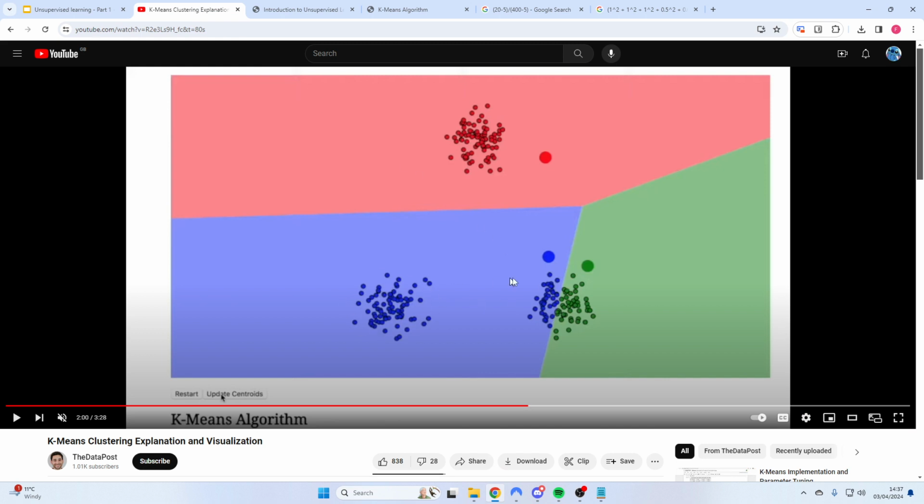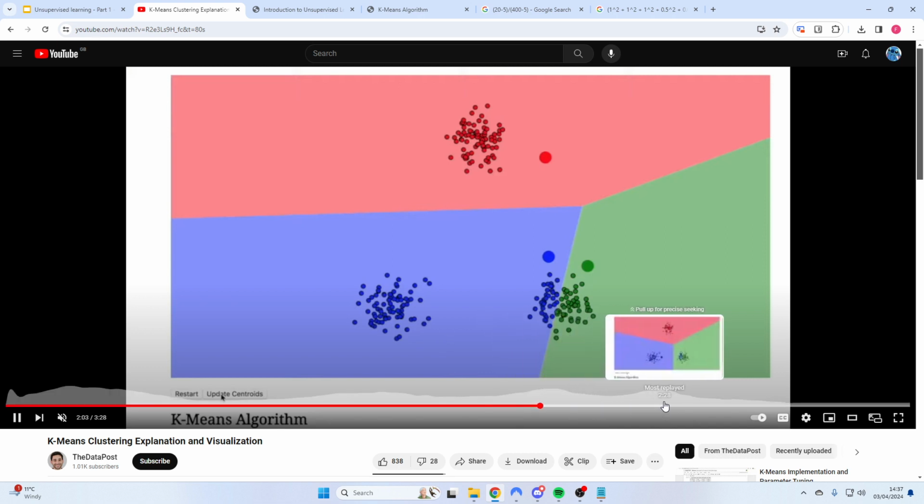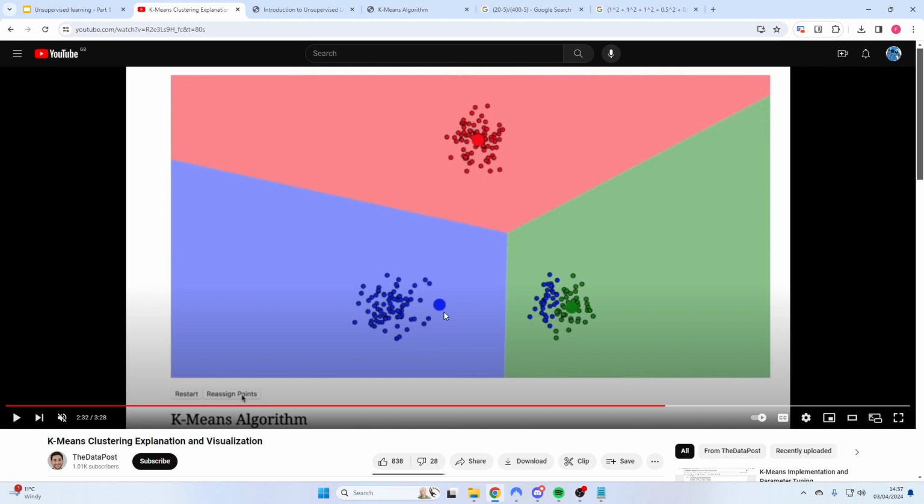So now that we've assigned all of these elements to this centroid, we can recalculate the center. In here, we've now moved it to the average, so we can see the red has pretty much moved straight into its center of all of these elements.